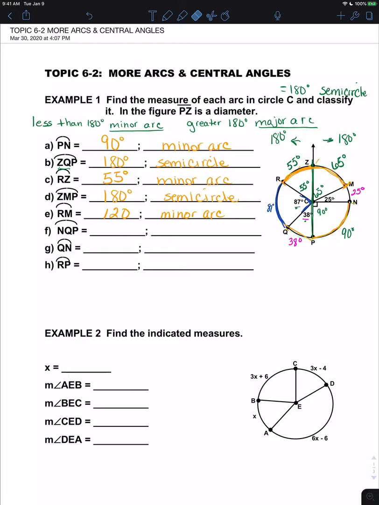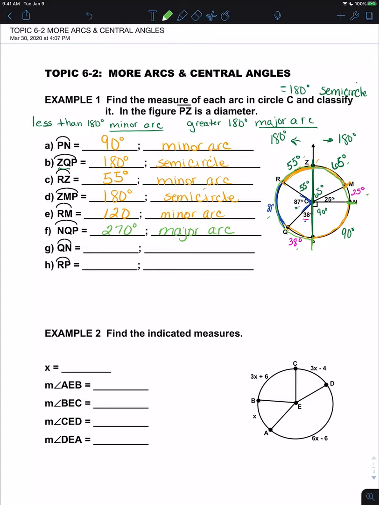N going through Q all the way over to P. So if it was the short route, it would just be N to P. But since it's the long route, we're going to go all the way around, N through Q to P. So it's everything pretty much but this 90-degree angle. So we can add up the 25 degrees, the 65 degrees, the 55, the 87, and the 38. And that would give us 270 degrees. That's greater than 180, so it's considered a major arc.